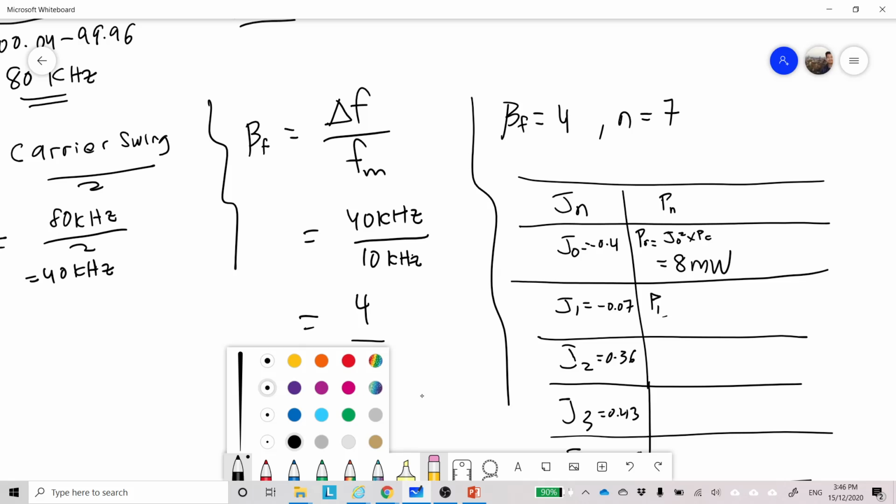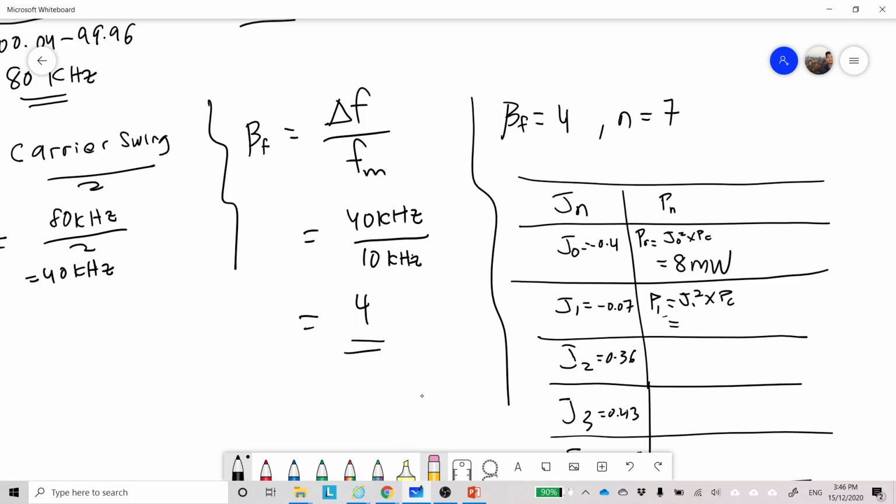So P1 bersamaan dengan J1 square darabkan dengan PC. So di sini bersamaan dengan 0.245.